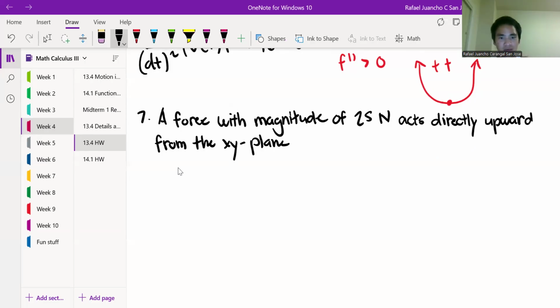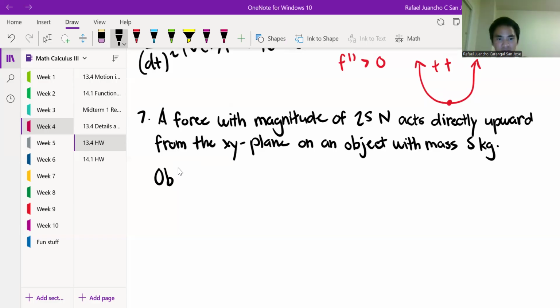So it's acting on a particular object, upward from the XY plane, and this object has a mass of 5 kilograms, right? And here we say the object starts at the origin with an initial velocity.